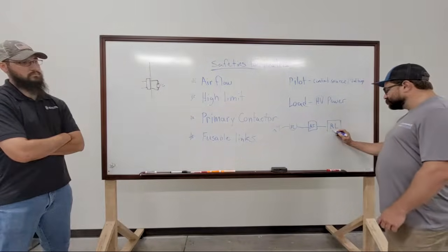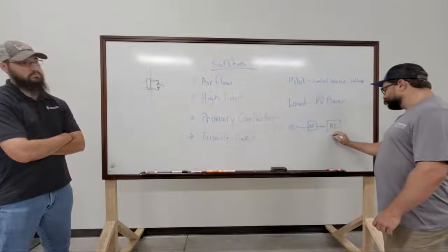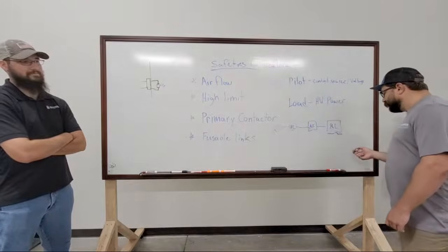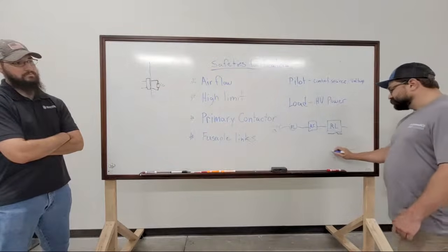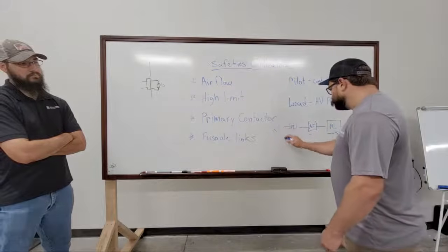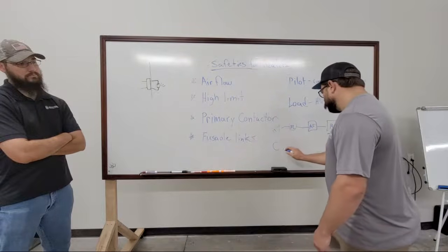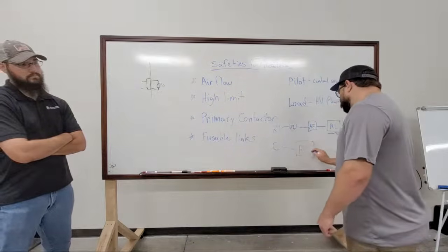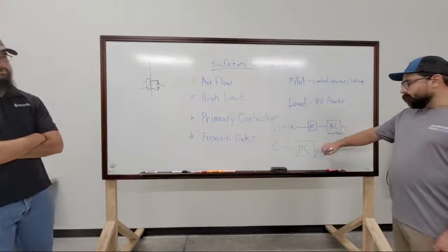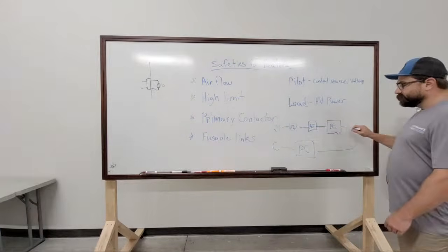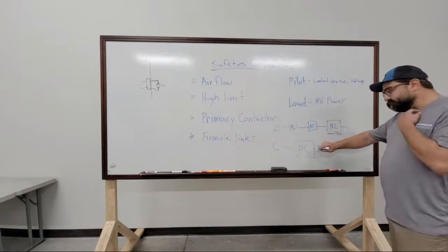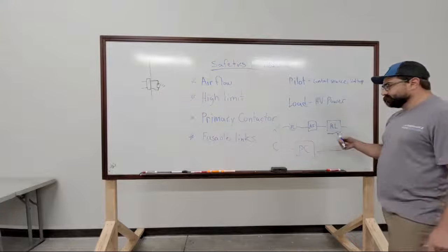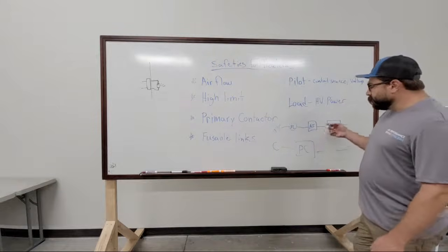And when my relay closes, that then comes into this primary contactor coil. And then if any of these break 24 volts, this primary contactor will open up, stop your 480, 277, whatever it may be, from getting to your heat strips and shut everything off.